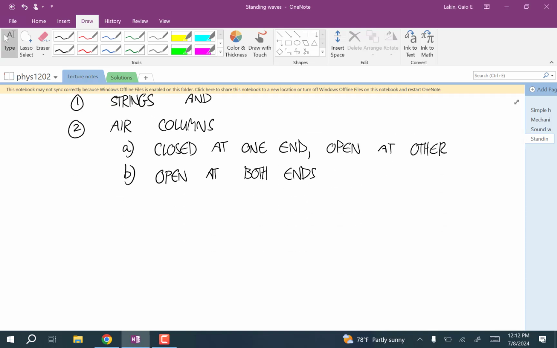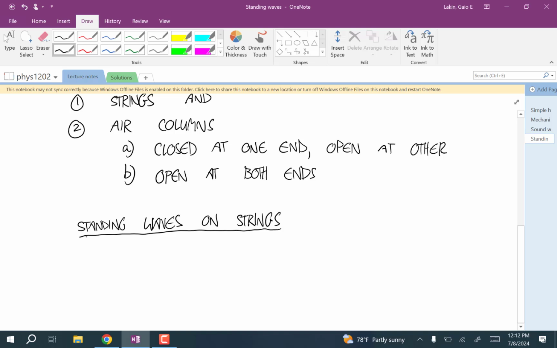Okay, well, we're going to start by talking about standing waves on strings. I mentioned that this represents what happens in guitars, pianos, stringed instruments. It also is what happens within the vocal cords to make sound, to vocalize.